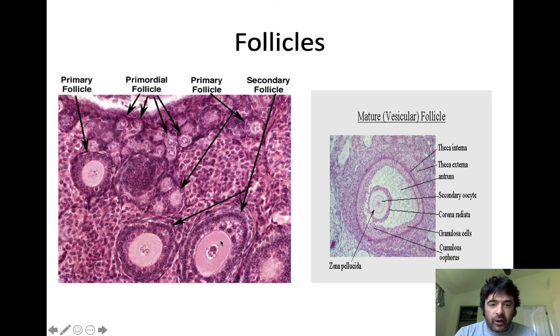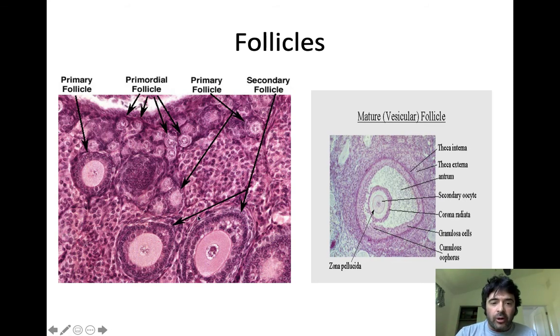So in secondary follicles, we'd have a secondary oocyte within them. Not a major focal point, but being able to identify the follicles is important. If there are 2 layers of cells surrounding the developing ovum or egg, and I ask you to identify the structure indicated by the bracket, then we are talking about a secondary follicle.